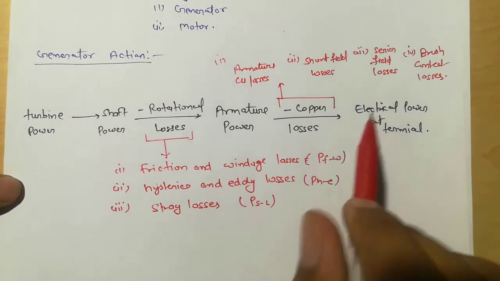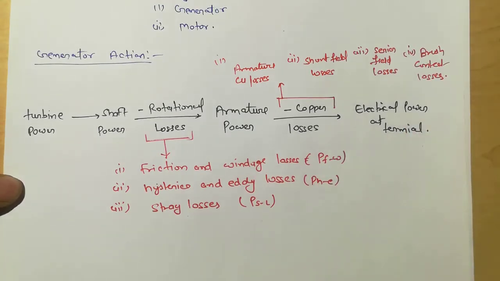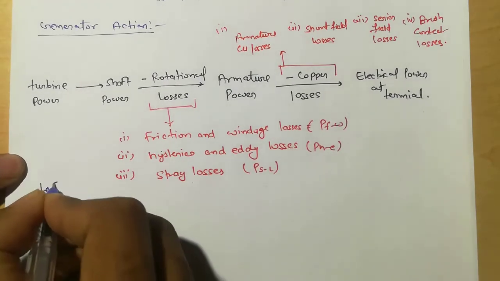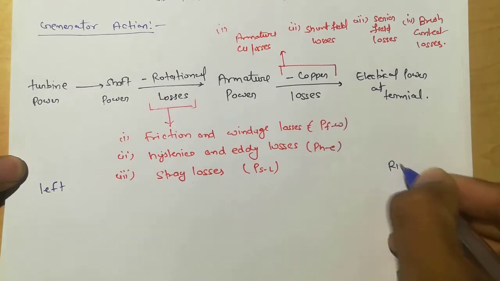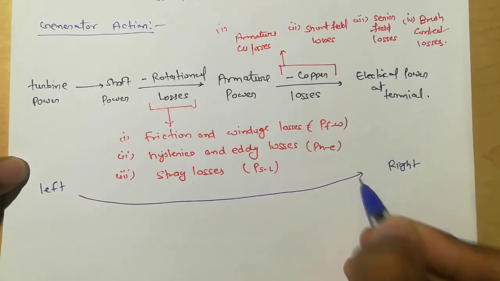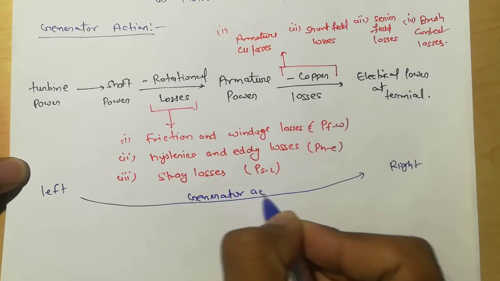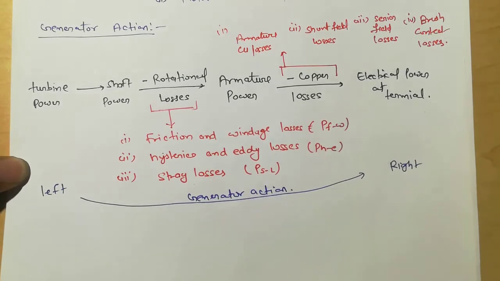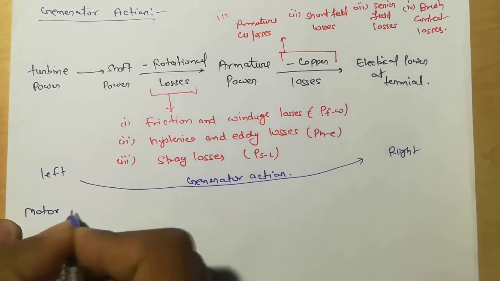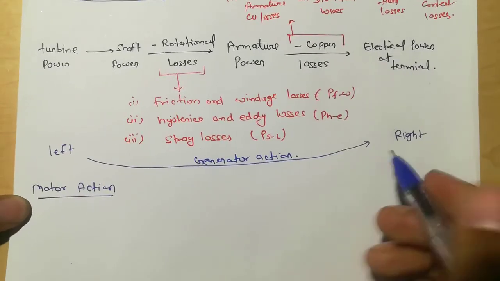When we see the reversal, we have two parts, the left and right sides of this diagram. When we move from left to right, we have a generator action. Reversely, for the motor action, we move from right to left.